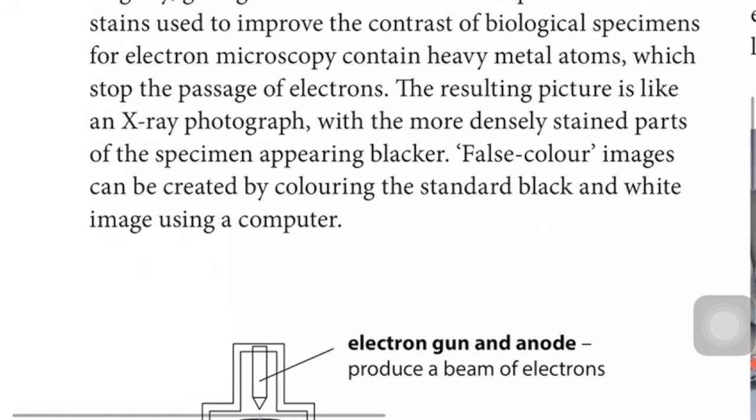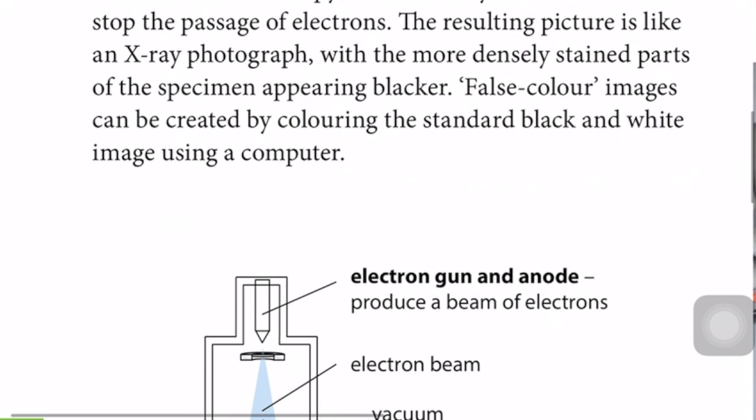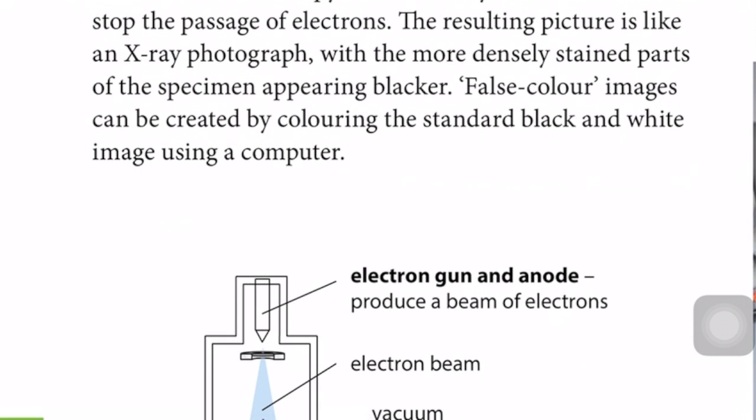The stains used to improve the contrast of a biological specimen for the electron microscope contain heavy metals which stop the passage of electrons. So why are stains used? What is contrast? Contrast is basically to differ the tone or depth of shadows of the image. So if we use staining, the electrons cannot pass through the highly dense areas, or can pass a little through the less dense areas, and thus a better image is achieved.